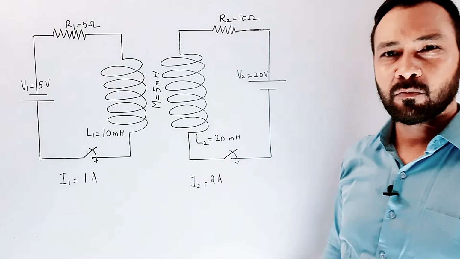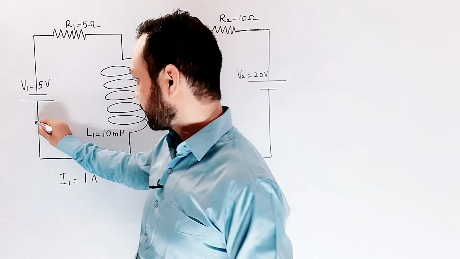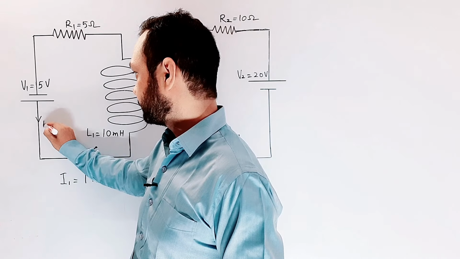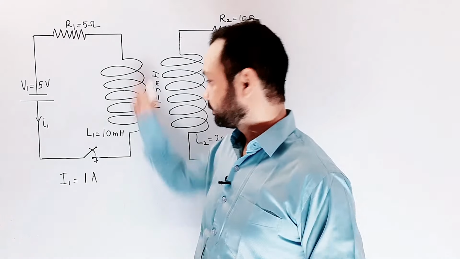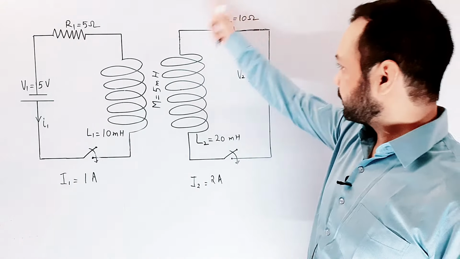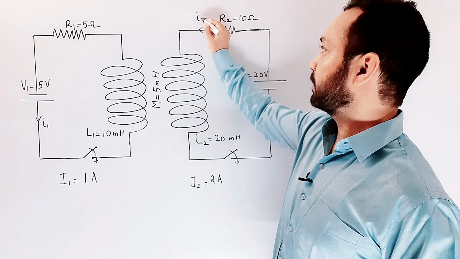And now suppose at some intermediate moment, the current in the circuit is, say, I1, going this way. And the current in the other circuit at some intermediate moment is I2, like this.